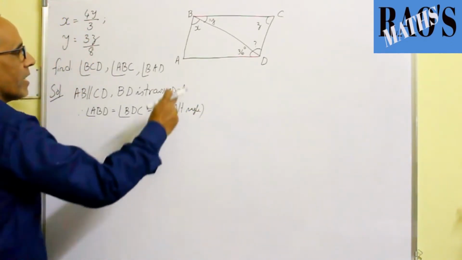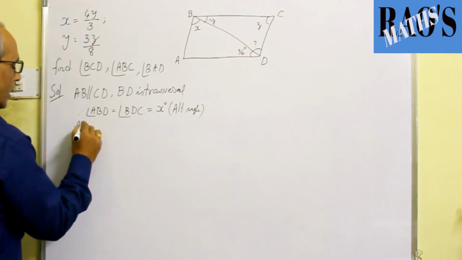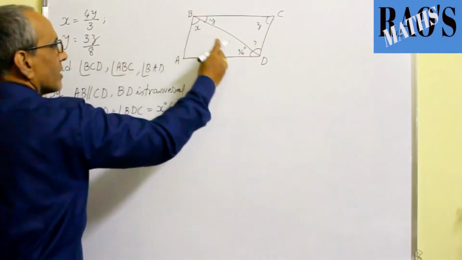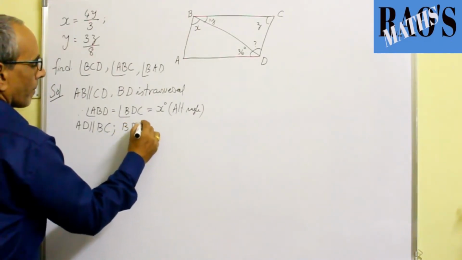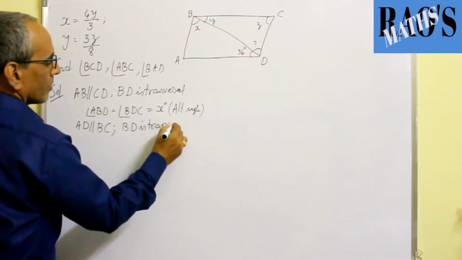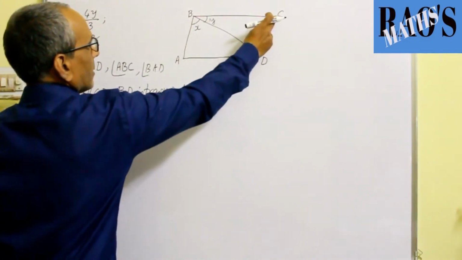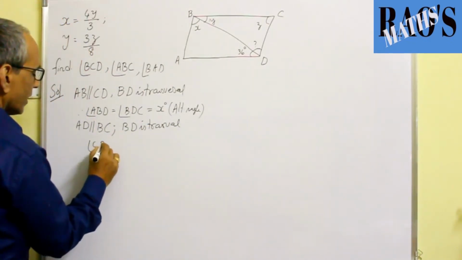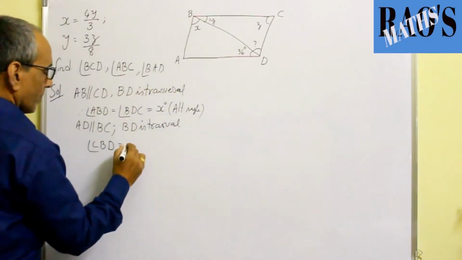Next, if I take AD and BC, AD is parallel to BC, then the same transversal BD is a transversal. Now, this is CBD. Angle CBD is equal to BDA.